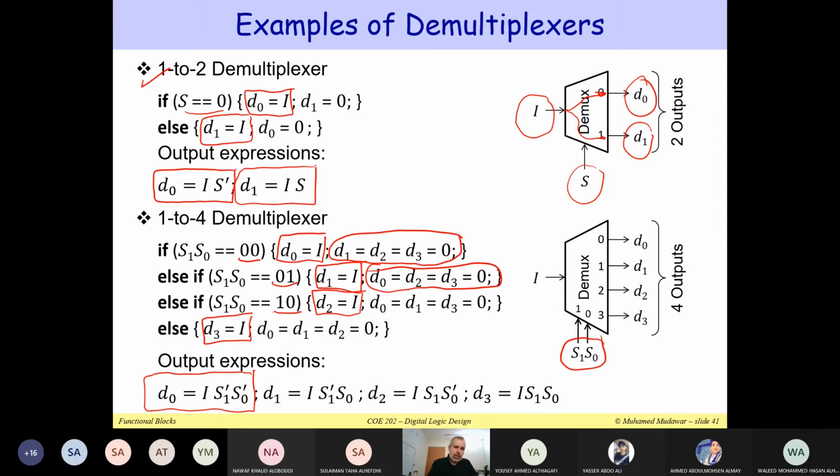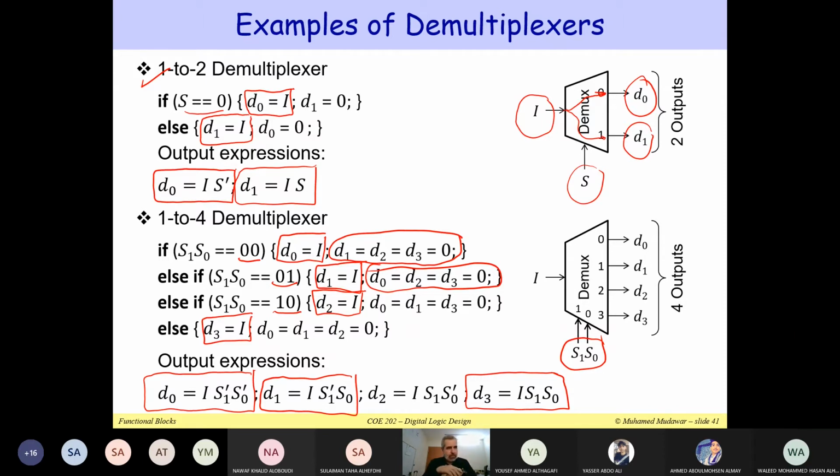Now, for D1, it will be I and S1 prime and S0, because when S1, S0 equal 0, 1, you get D1 equal to I. And so on. Notice that D3 here is equal to I and S1 and S0, because when S1, S0 are 1 and 1, you get D3 equal to I. So these are the expressions for the outputs of the demultiplexer.